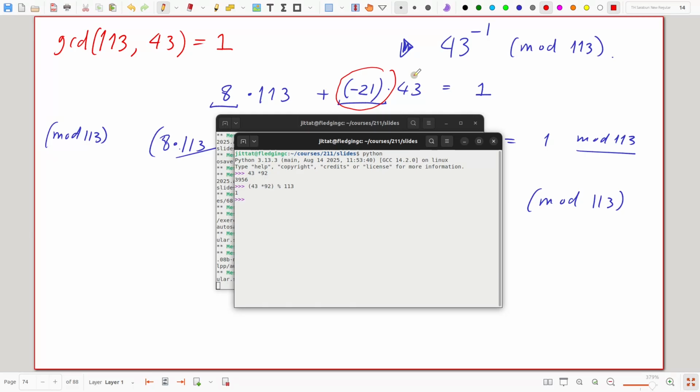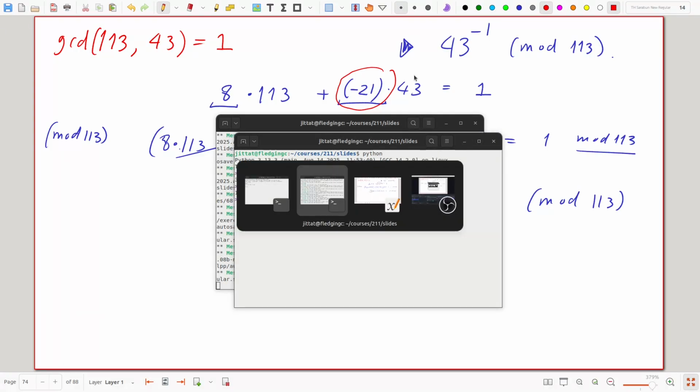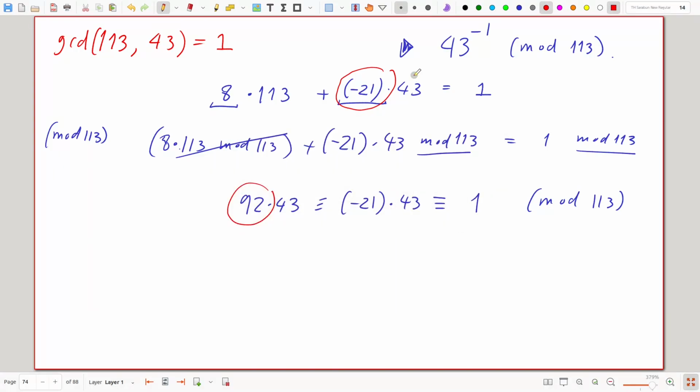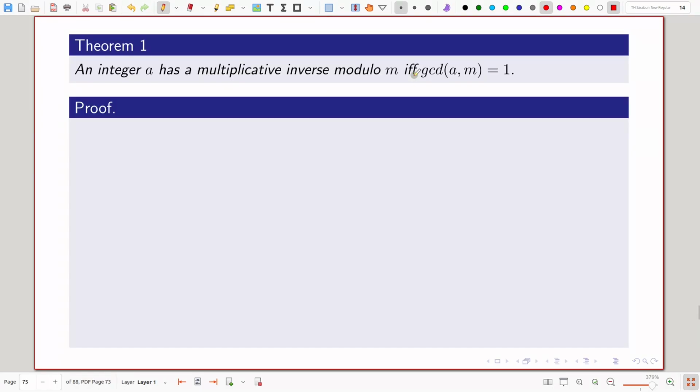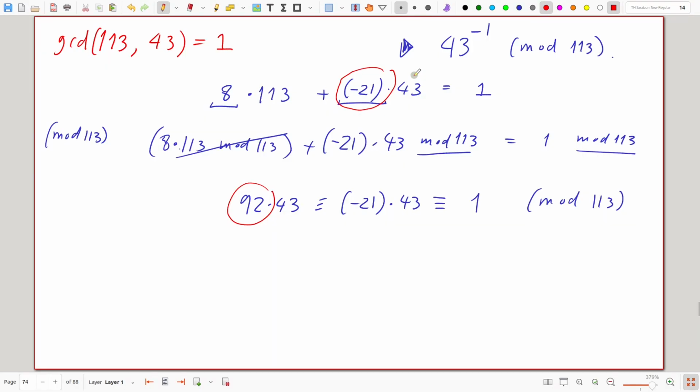So 92 is actually the inverse of 43. Okay, so in your exercise sheet, after you figure out the A and B, the value of B will be the inverse modulo 113 that we're looking for. Okay?